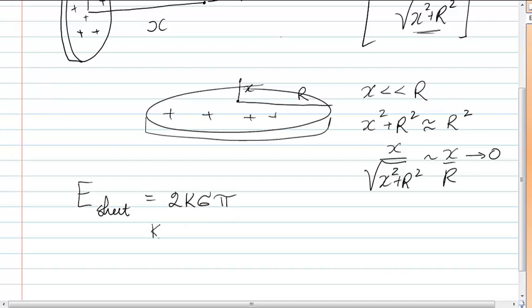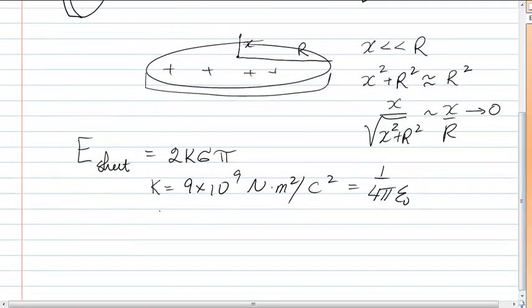Now remember that k, Coulomb's constant, which is 9 times 10 to the 9 Newton meters squared per Coulomb squared, is also defined to be 1 over 4 pi epsilon naught, where epsilon naught is the permittivity of free space, which is 8.85 times 10 to the negative 12 Coulomb squared per Newton meter squared.